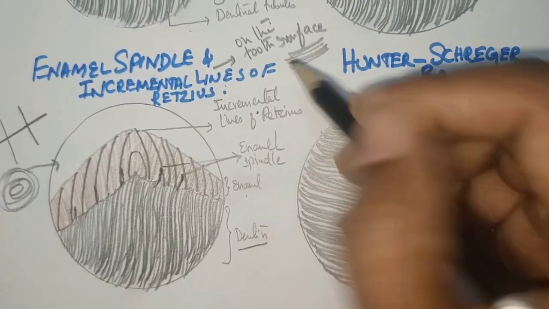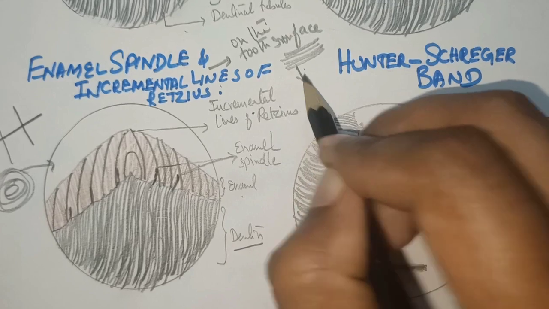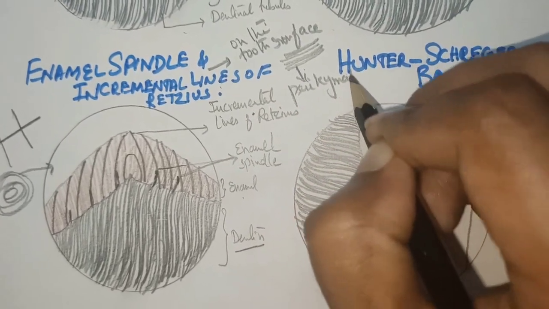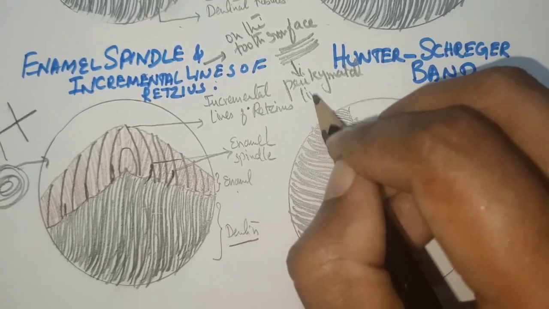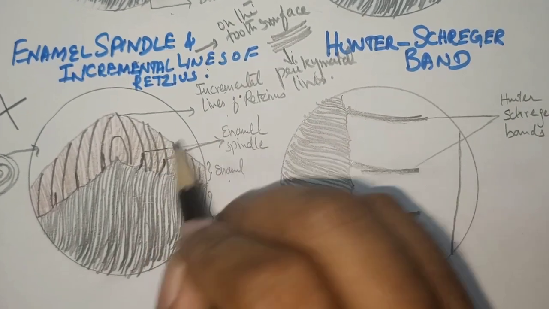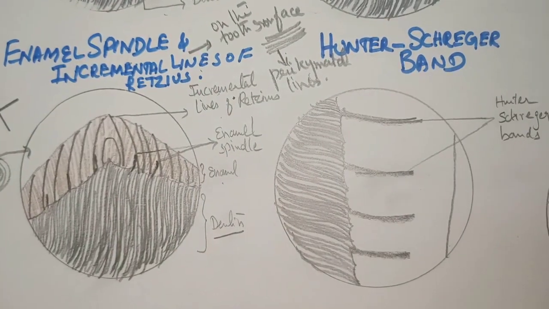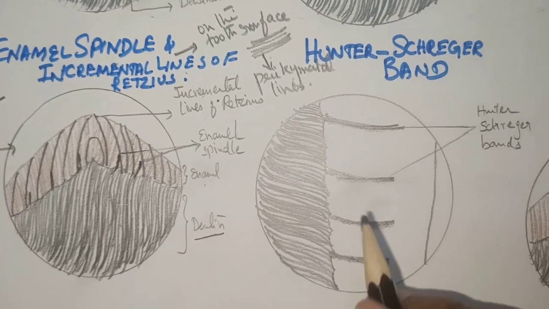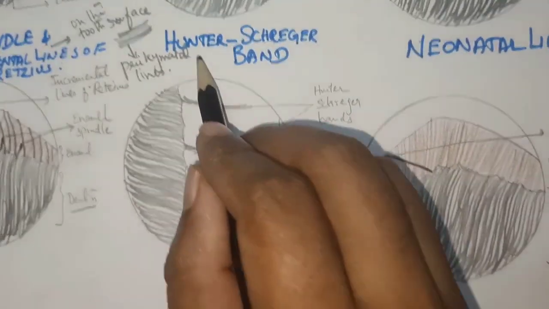These are called perikymata lines. They are nothing but the extension of the incremental lines of Retzius onto the surface of the crown. Okay, we move on to the next structure, that is Hunter-Schreger bands.